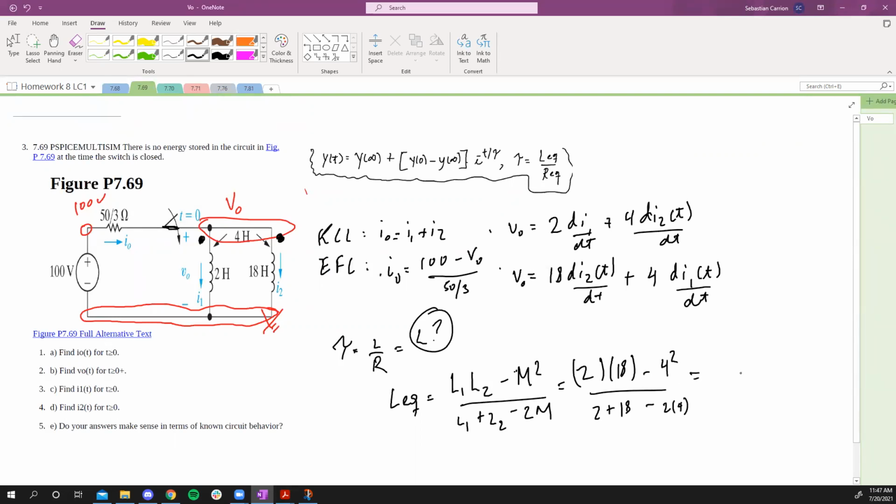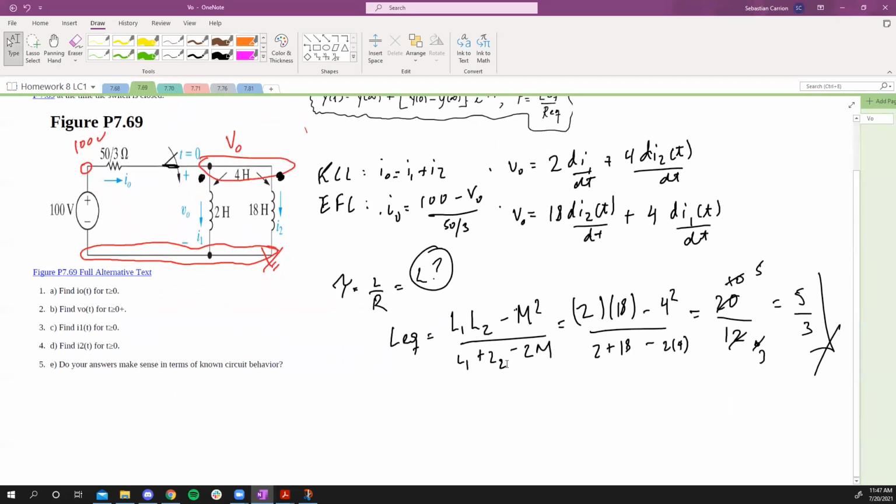So 36 minus 16 is 20, over 20 minus 8, 12. Factor this: 5 over 3.